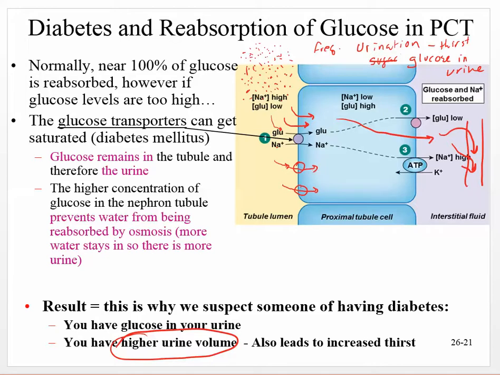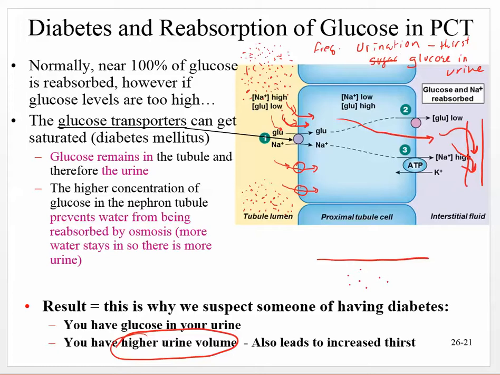Okay, so what happens is they become saturated, and then you end up keeping the glucose in your nephron tubule. So even though you're trying to get rid of it, if it's too high, it stays in there. So think about what I was talking about with osmosis.